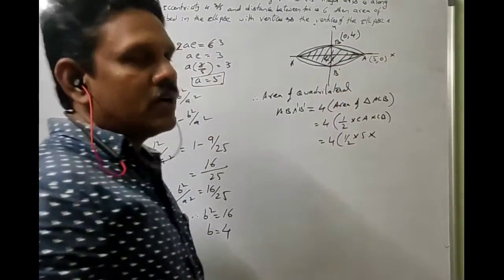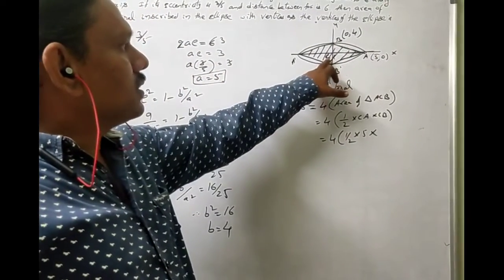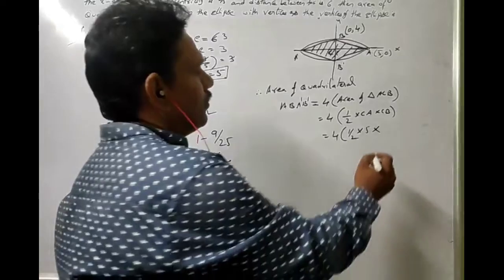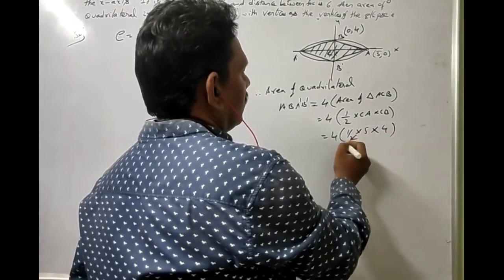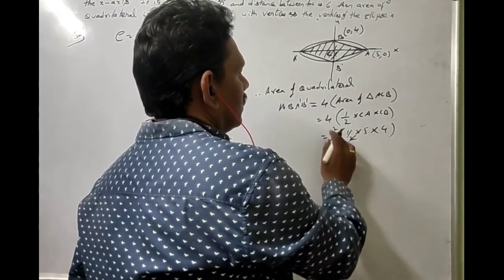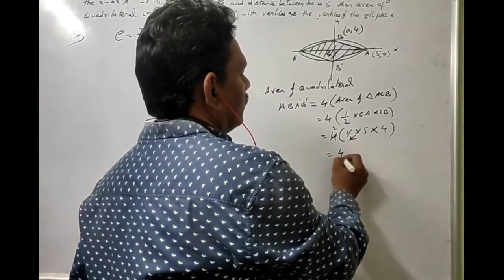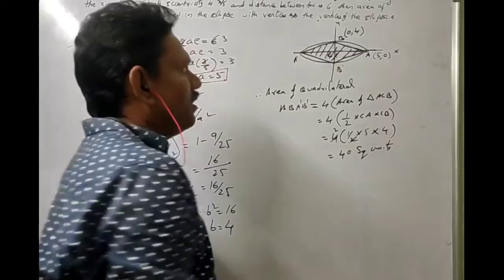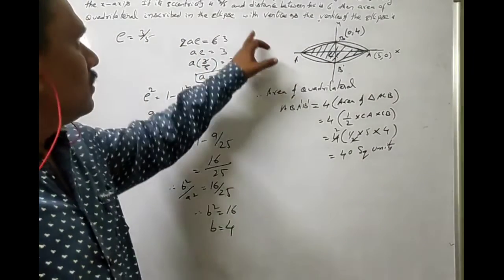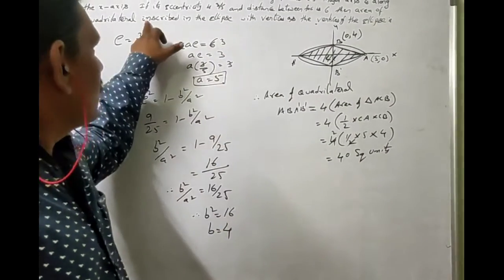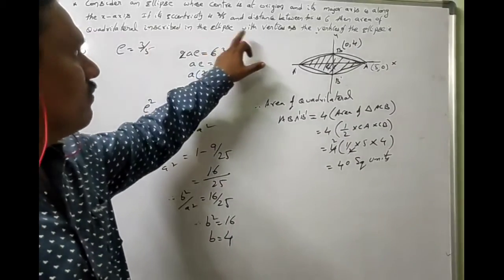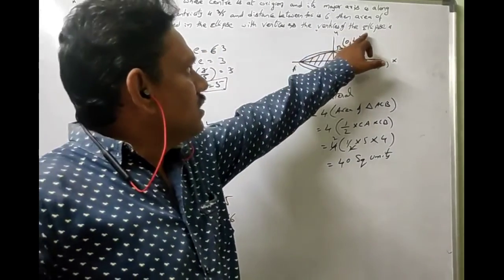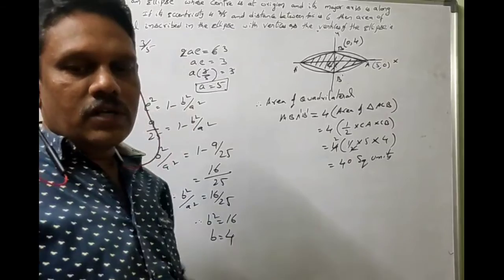The coordinates of B we got as (0, 4), so the length of CB is 4 units. Here 2 goes into 4 two times, that is 2 into 5 is 10, and 10 into 4 is 40 square units. So the area of the quadrilateral will be 40 square units. So that is the area of the quadrilateral inscribed in the ellipse with vertices as vertices of the ellipse: 40 square units.